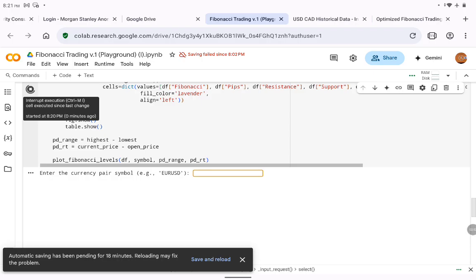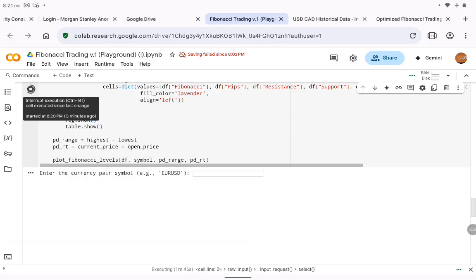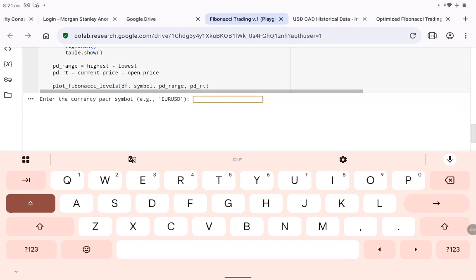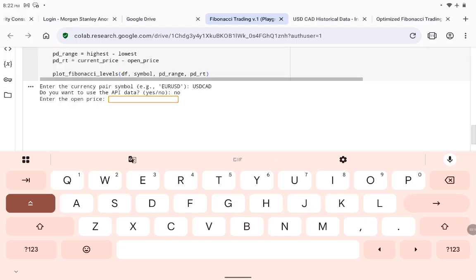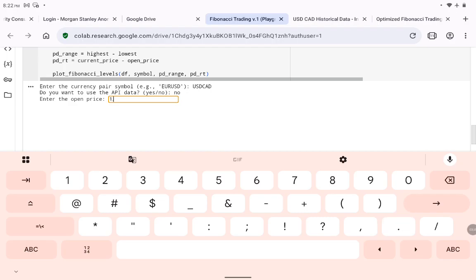which is the programming beta before the current version, which is live on the internet right now. The asset I'm trading is USD/CAD. Enter API? No, I don't use API. Open price is 1.4325.